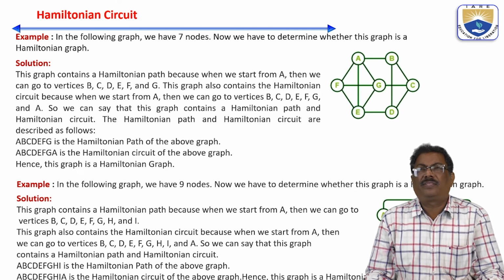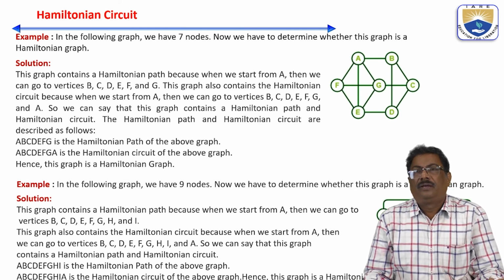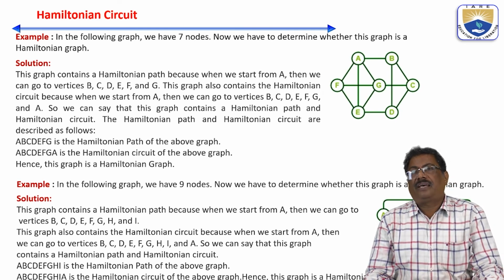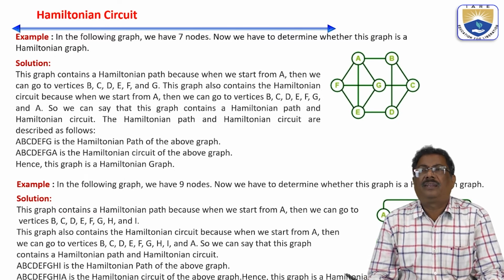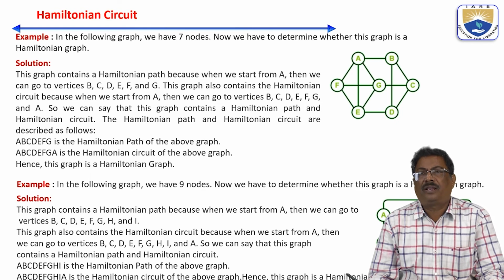Now let us go for the other example. The graph has 7 nodes, and we have to determine whether it is a Hamiltonian graph or not.